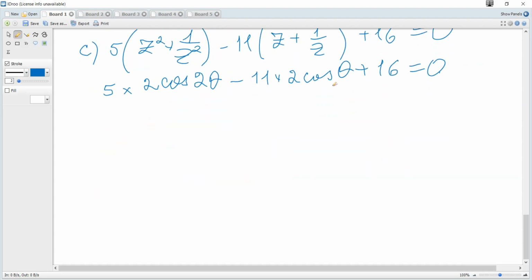And we can see that 2 theta is a double angle with respect to theta, and we know the formula that cosine of 2 theta is what? Cosine squared minus sine squared, or 2 cosine squared minus 1, to get this equation in terms of cosine only.